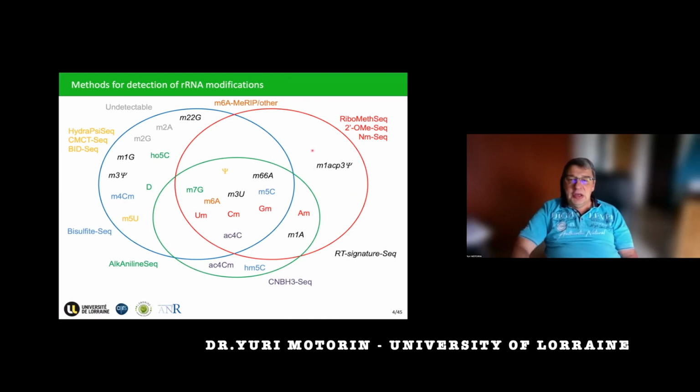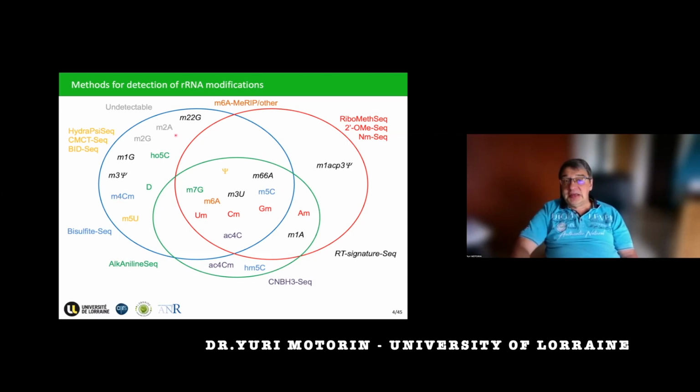Pseudouridine and some other modified uridines can be detected by HydraPsiSeq or CMCT-derived methods, or the recently released BID-seq. Bisulfite is good for m5C, hydroxymethylation, and also methylation of position 4.